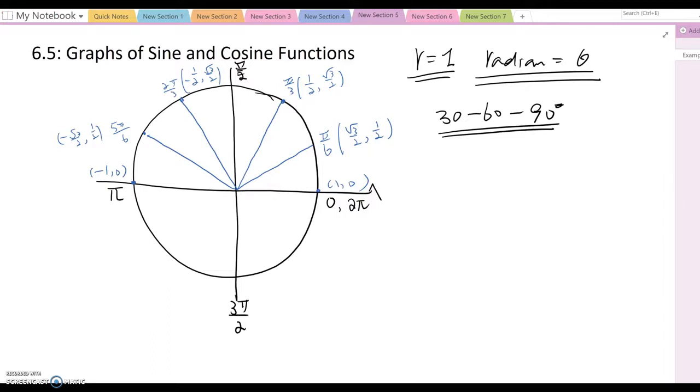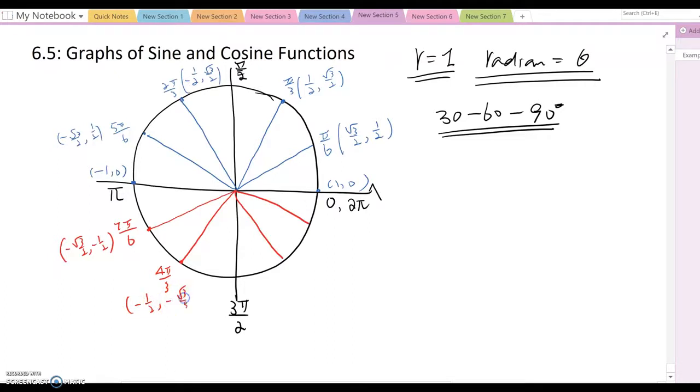After going beyond pi, we can also make 7 pi over 6. So this is 7 pi over 6. This coordinate becomes negative root 3 over 2 comma negative 1 over 2. This is 4 pi over 3, and this point becomes negative 1 over 2, and then negative root 3 over 2.